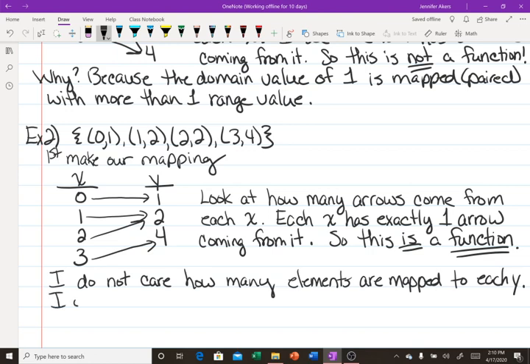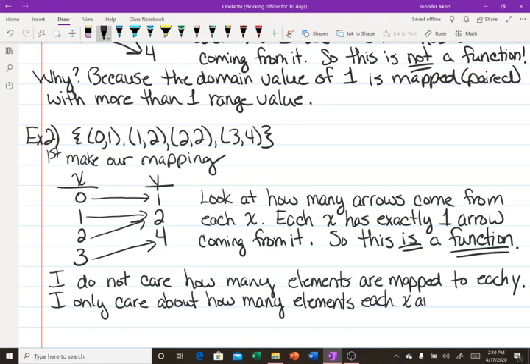I only care about how many elements each x are mapped to. Okay, so make sure you keep that straight.